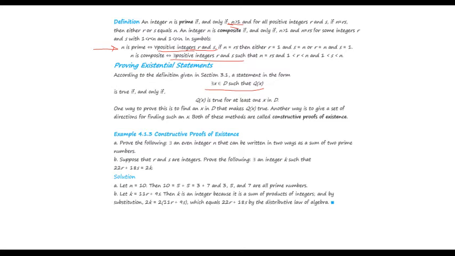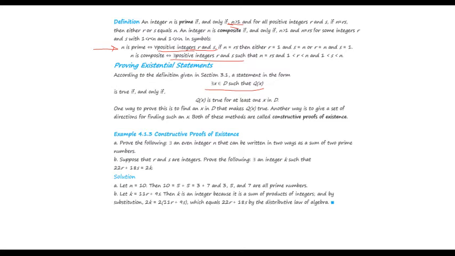Another way is to give a set of directions for finding such an x. So we may not be able to, or we are not interested in finding the exact value for x, but we give some directions for finding such an x. Both of these methods are called constructive proofs of existence.